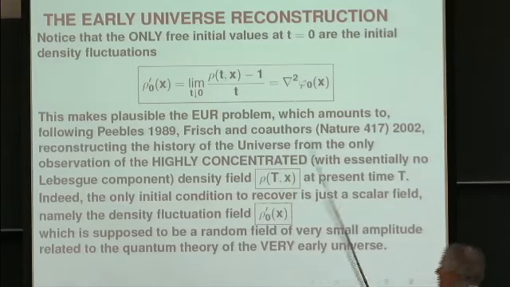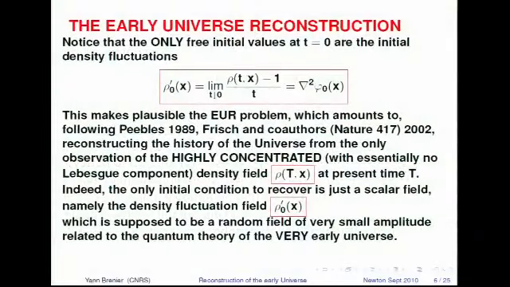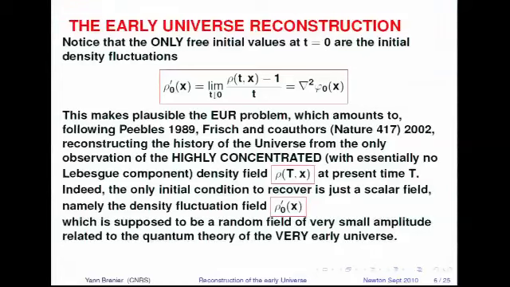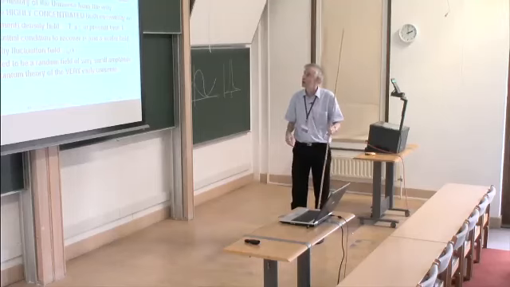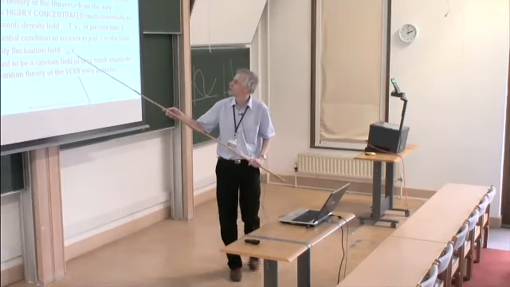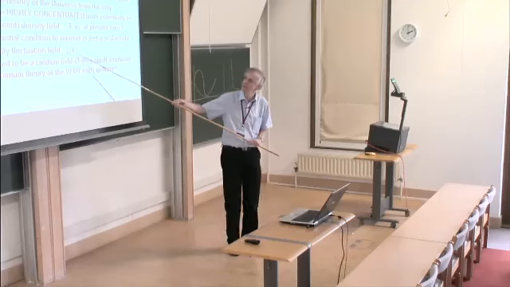Okay, and so the only initial condition to recover is the density fluctuations field, and this is where this problem is interacting with high energy physics, because the modeling of this initial fluctuation field is a matter of quantum mechanics in some sense. So this is supposed to be a random field. For instance, think about the case where we would have only one space variable.